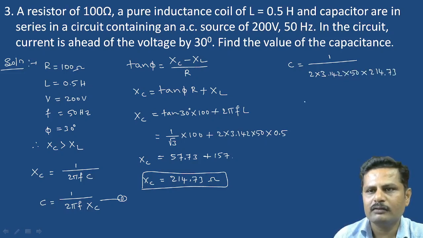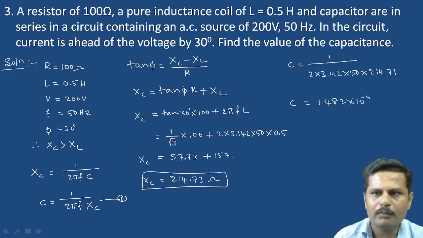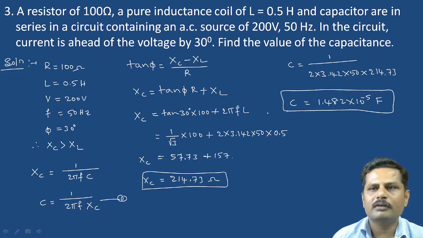That is, the capacitance of the capacitor is equals to 1.48. On simplifying this, we will get 1.482 into 10 to the power of minus 5 farad. So this is the capacitance of the capacitor.